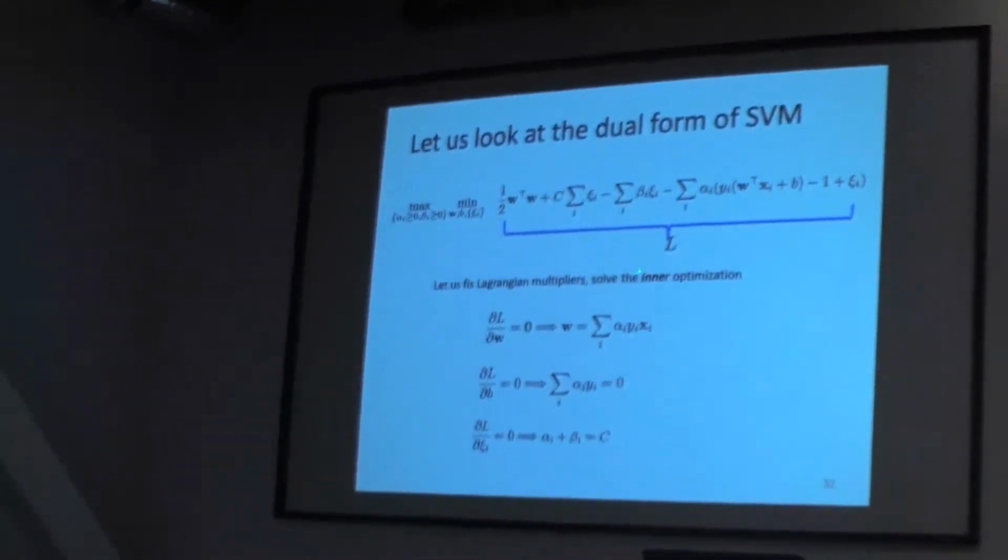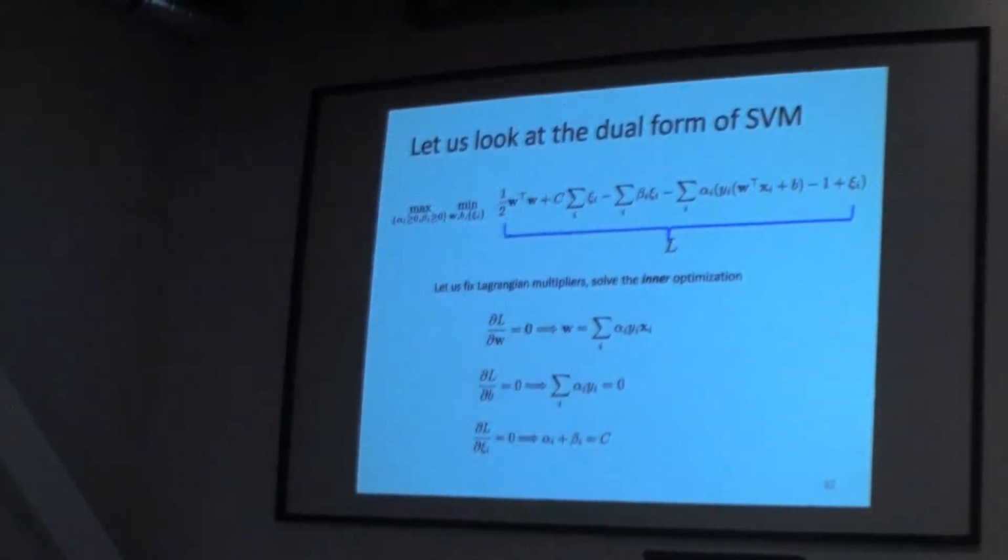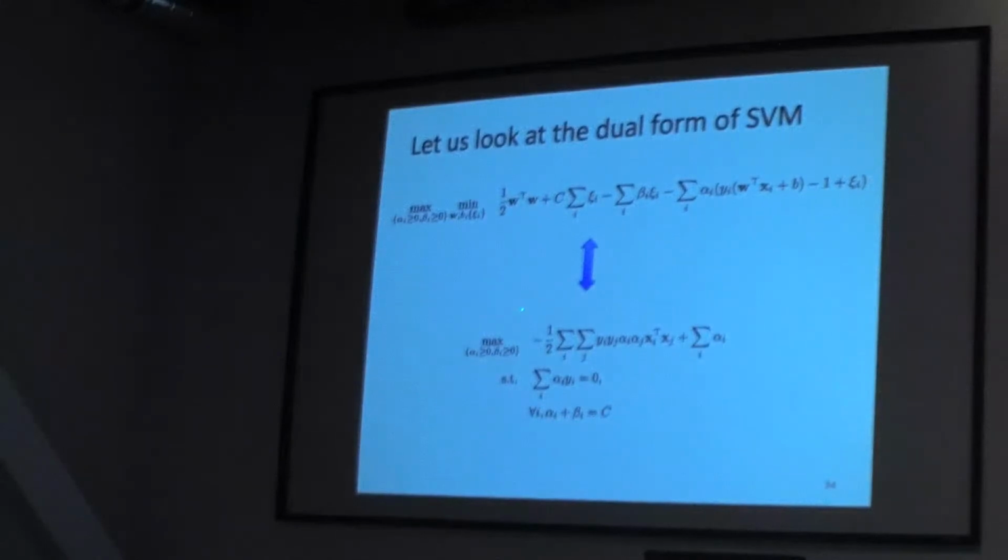So now we just substitute these results back into L. Then we get our minimum value of L, right? Given alpha i's, beta i's in the outer level, we have to solve the inner minimization problem. If you substitute them back into L, you get the minimum value of L, which is a quadratic function.